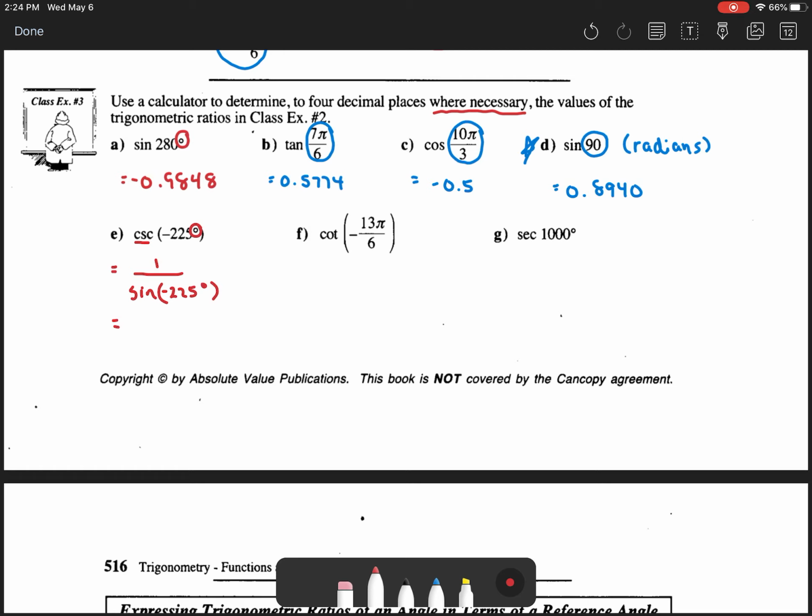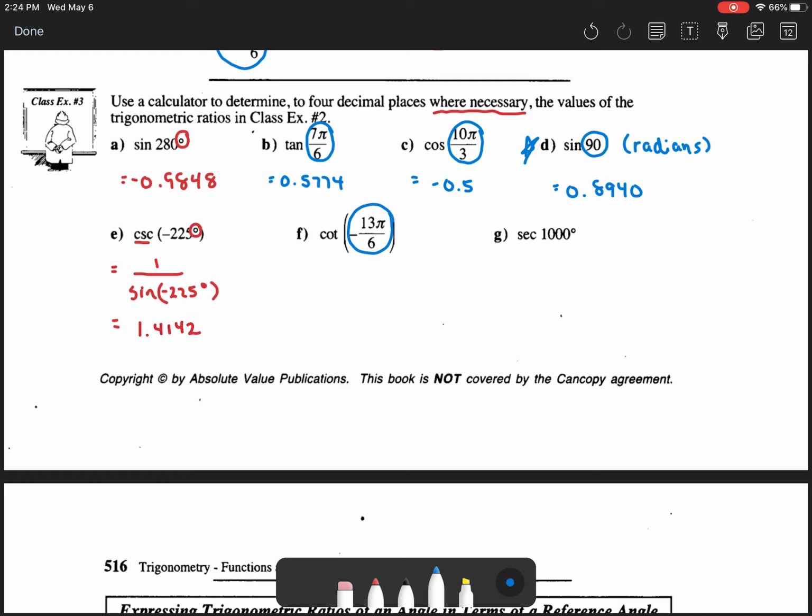You're going to go to mode, again make sure you're in degree mode this time. Enter sine of negative 225, and then 1 over that answer. And that gives you a value of 1.4142.